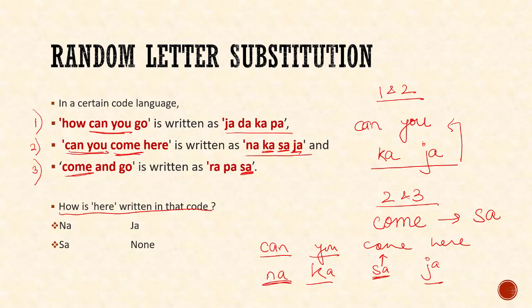Na should be the code for the word here. Again, we have compared the sentences, found the common words, then looked at the code side. We have seen that if there are common words, then the code should also be common. So on the basis of commonality, we have identified the codes for these words.